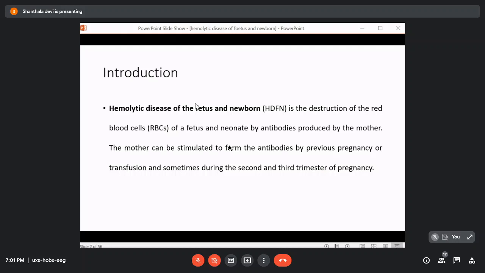This occurs due to the destruction of fetal as well as neonatal red blood cells by antibodies produced by the mother. How are these antibodies produced in the mother? Either they are stimulated by a previous pregnancy or by a previous transfusion, and very rarely in the pregnancy itself, a certain amount of fetal blood leaks into the maternal circulation in the second and third trimester, resulting in sensitization of the mother and production of the antibodies.